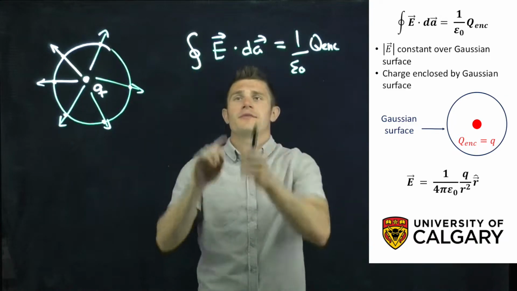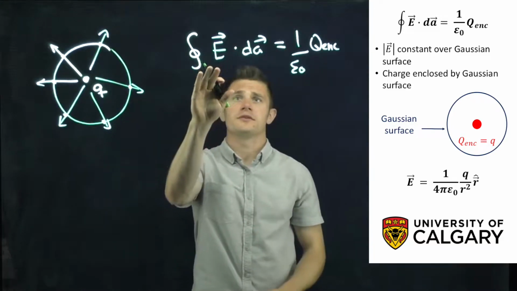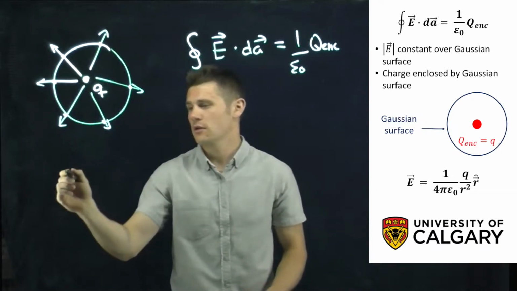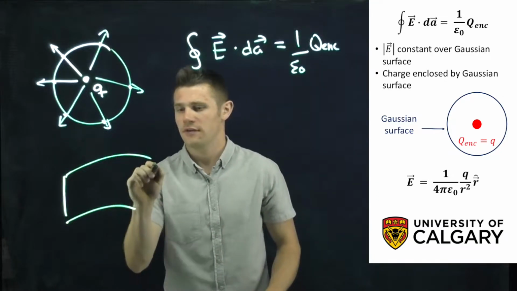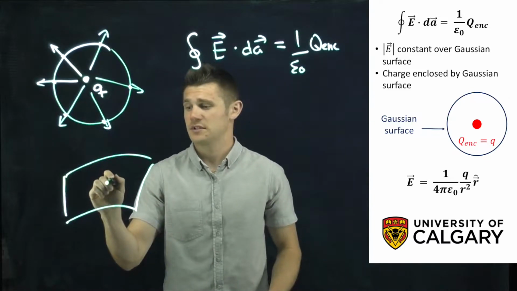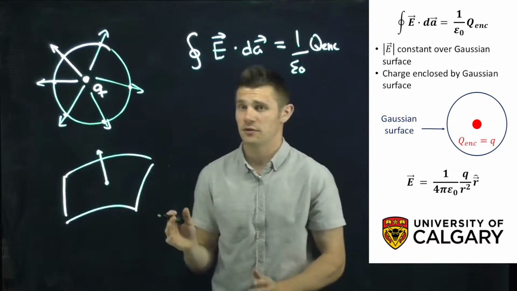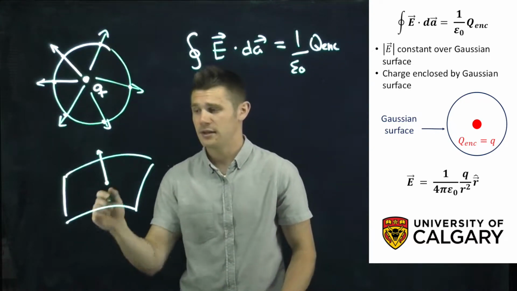So we're going to start with the left-hand side of the equation, where we have the electric field dotted with the infinitesimal area vector. To begin with, the infinitesimal area vector for the surface of a sphere will point perpendicular to the surface at all points around the surface. In other words, radially at all points.